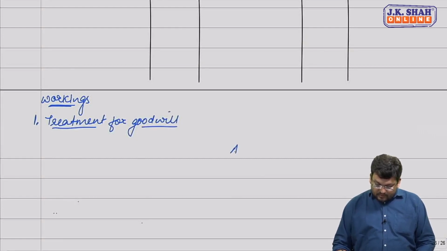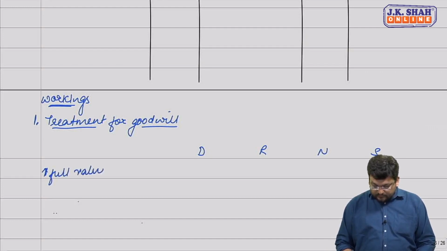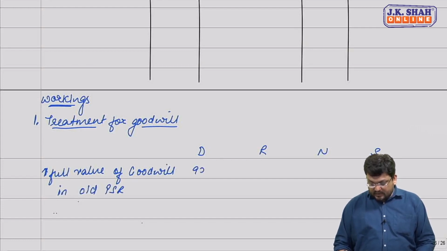There are 4 partners, correct? Dinesh, Ramesh, Naresh and Suresh will raise full value of goodwill in old ratio. That will be 9,000, 6,000, 3,000. 3 is to 2 is to 1.